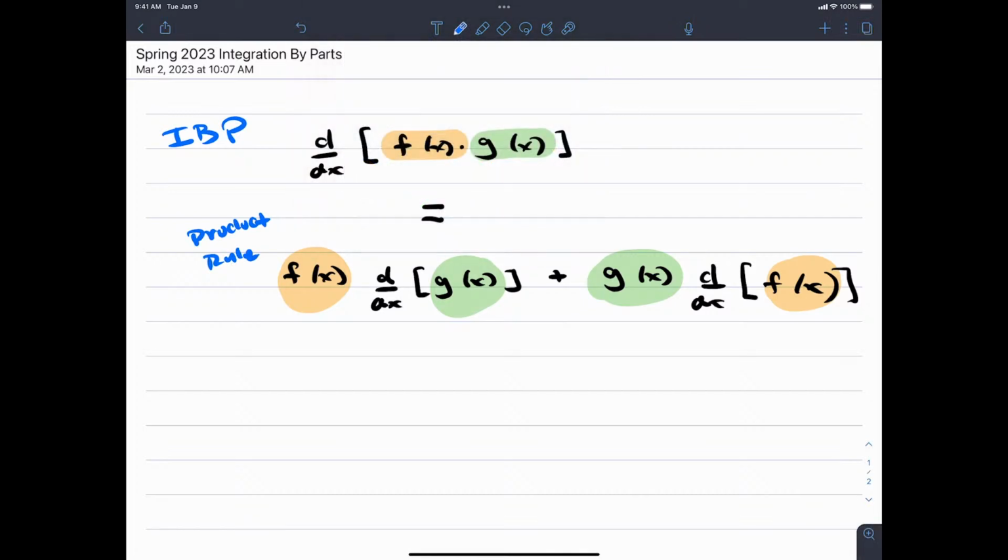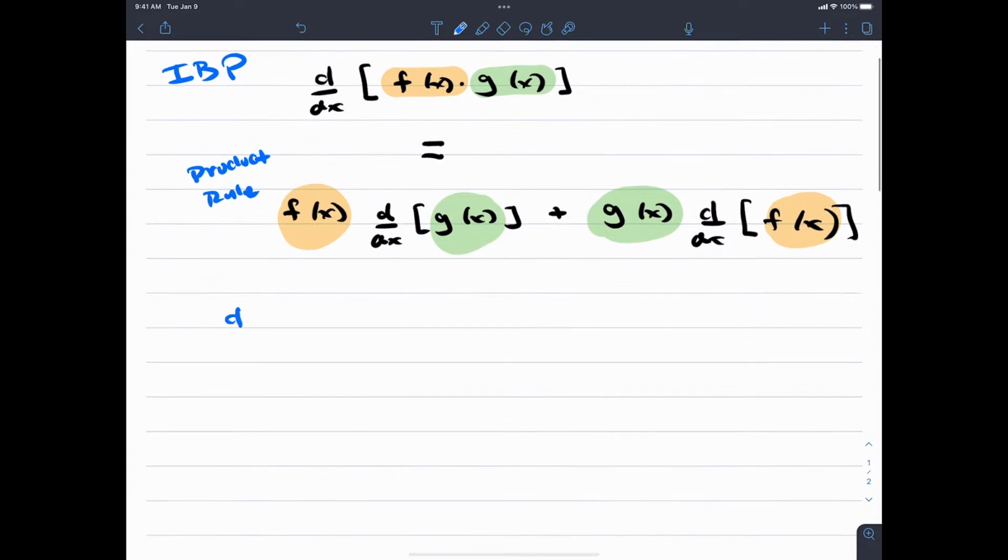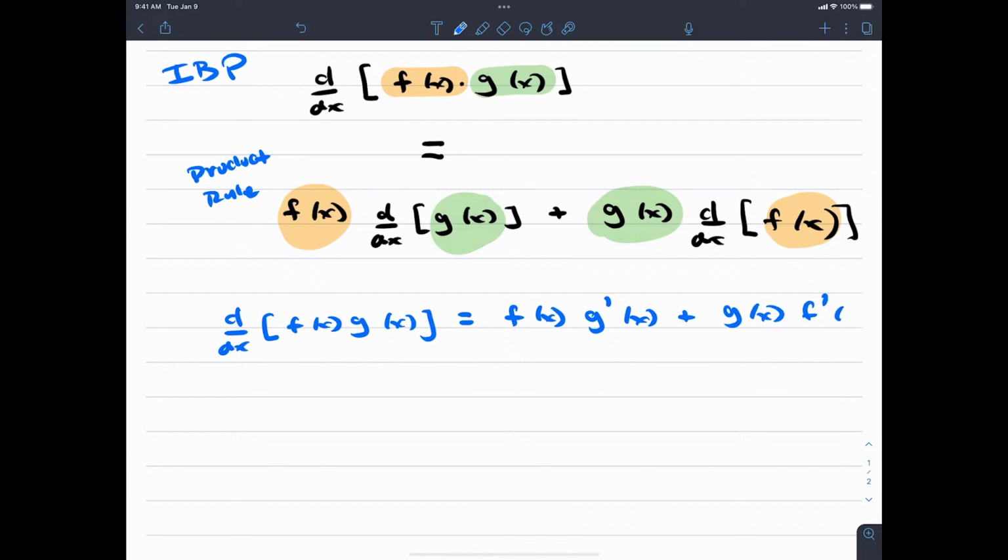Okay, so in particular, let's do some shorthand. The derivative of the product, well, we have this as f of x times g prime plus g of x times my f prime, ladies and gentlemen. Now, what this implies is something important.